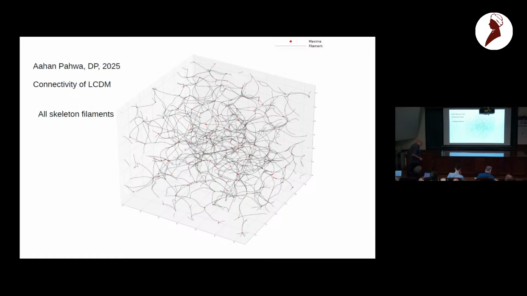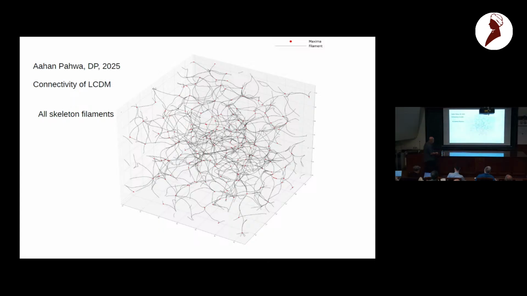So what my student was tasked with is to have a look at what happens if we now put restrictions on filaments, asking them to be overdense and not to fall below some threshold along the way. So, quote-unquote, observable ones.